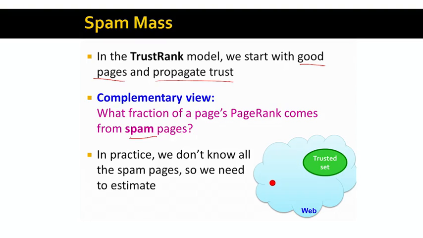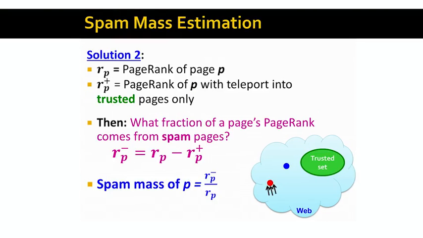The way we can think about this is the following. We have our web page that we are interested in here as a red circle. We have a trusted set of web pages, and we have the full web. And our goal is to estimate what fraction of the PageRank score of our red node comes from the spam pages. So we can proceed as follows.